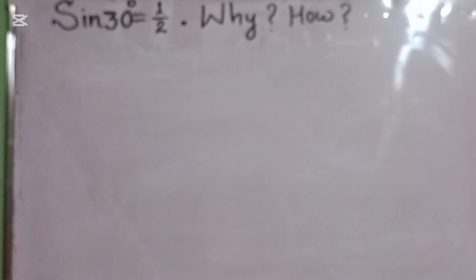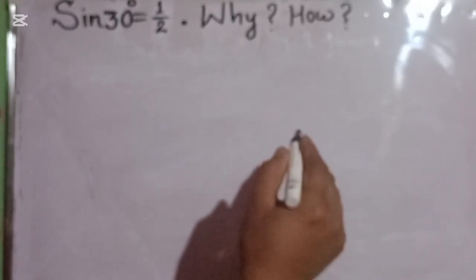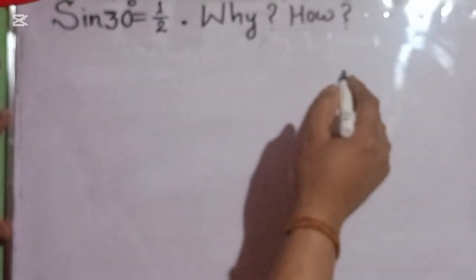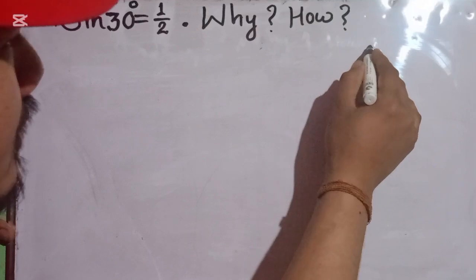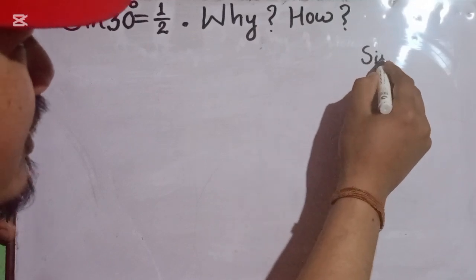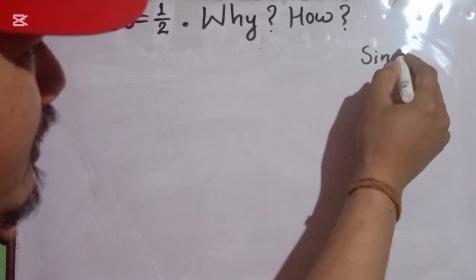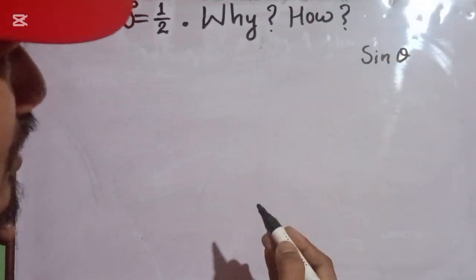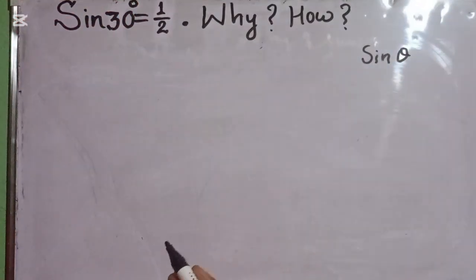For that, first of all, you should know there are altogether 6 trigonometric functions. In place of this theta, we can write beta also, and other symbols you can use here.